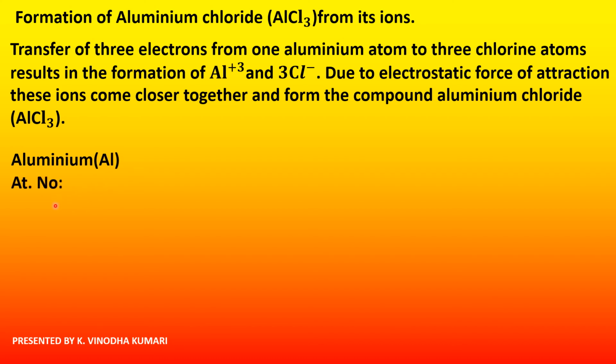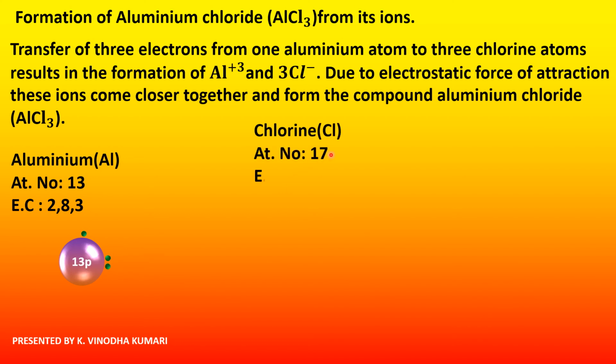Now we'll write the dot structure for this. See how the electron transfer takes place. Aluminium 2, 8, 3. Sorry, one aluminium will be there which can donate 3 electrons to 3 chlorines. These are the 3 electrons present in the outermost shell. Now we'll have 3 chlorines which are short of 1 electron each.